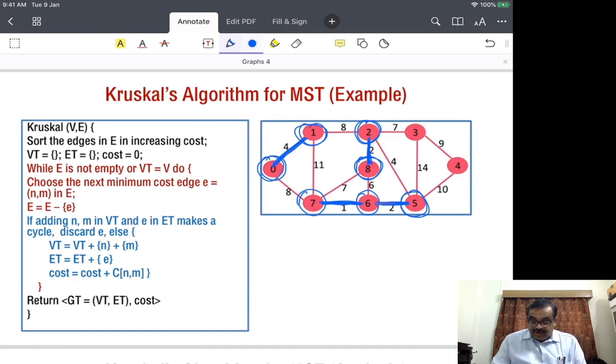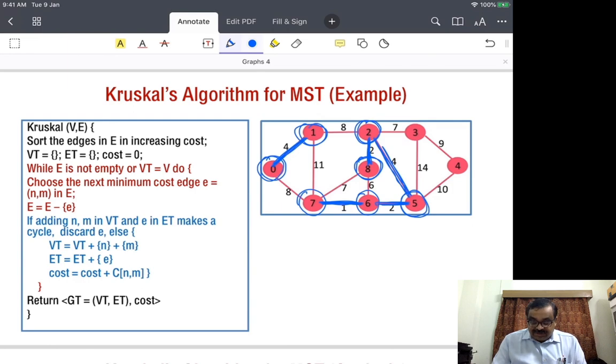The next one is also of cost 4, but if I choose this, do I make a cycle? No, because there is no cycle. So I'll choose this edge. I have not made any cycle, but I have connected two disjoint subtrees, if you have noticed.